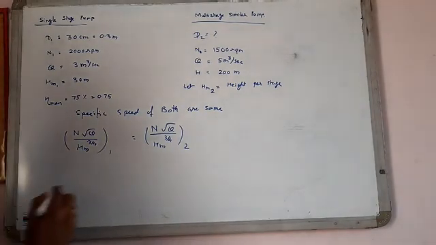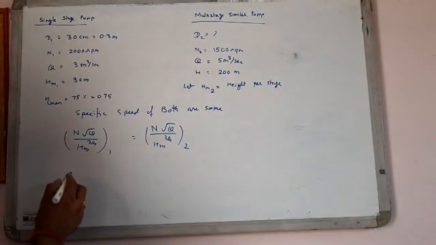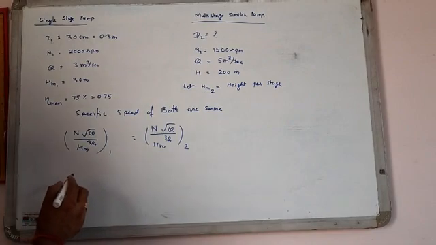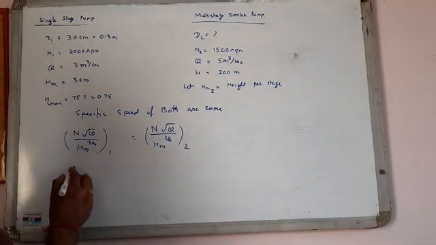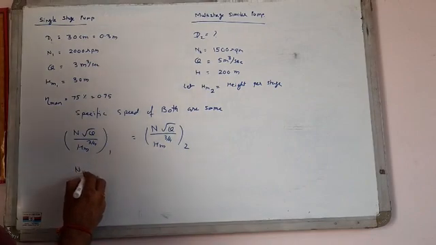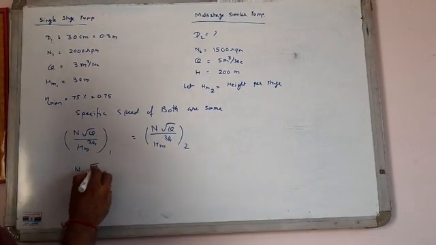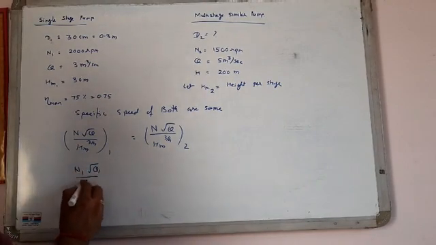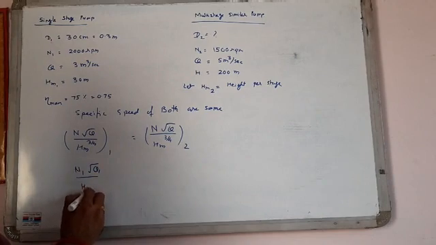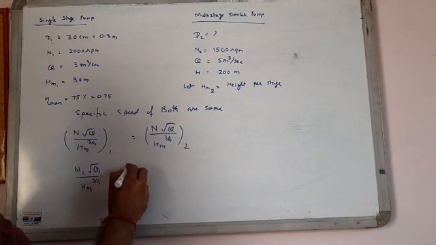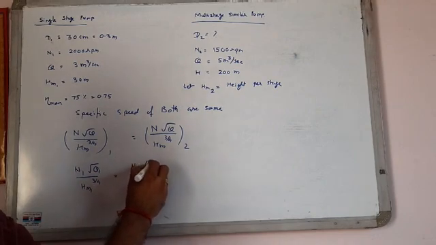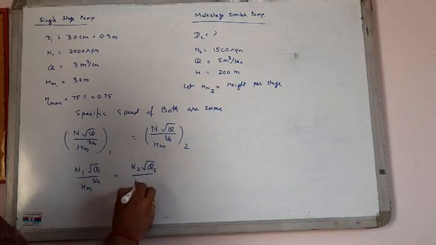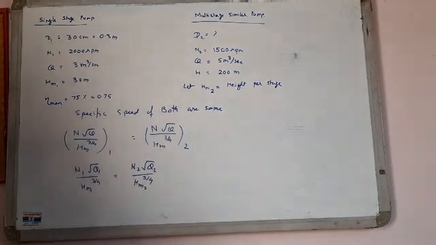Or we can write this as N1 root Q1 by HM1 to the power 3 by 4 equal to N2 root Q2 by HM2 to the power 3 by 4.